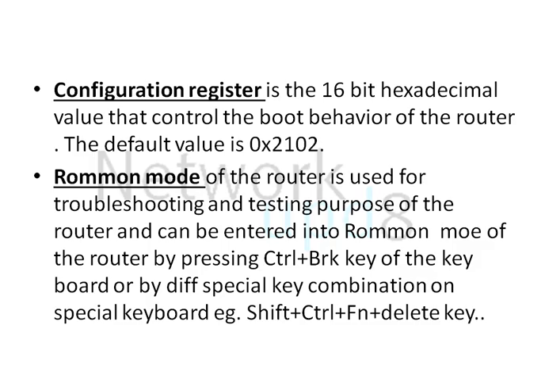We can enter the ROMMON mode of the router by pressing Ctrl plus Break on the keyboard, or a different special key combination on special keyboards. That combination can be on some particular keyboards like Shift, Control, Function and Delete.